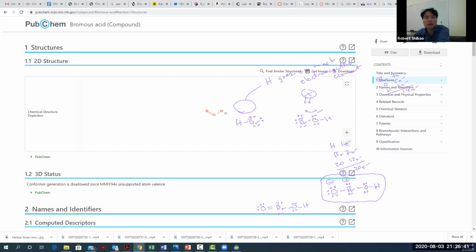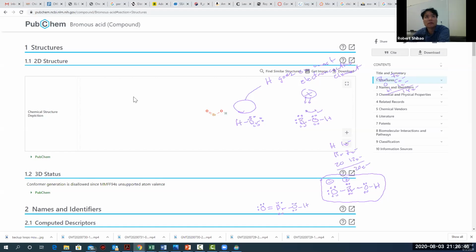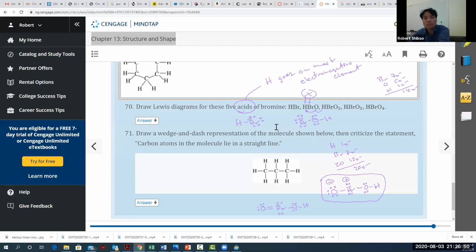Let's see what we got here. Maybe this is too confusing. Okay, let's go to bromic acid, HBrO3. It looks as if the H is bonded to bromine. It's not. The H is bonded to oxygen.